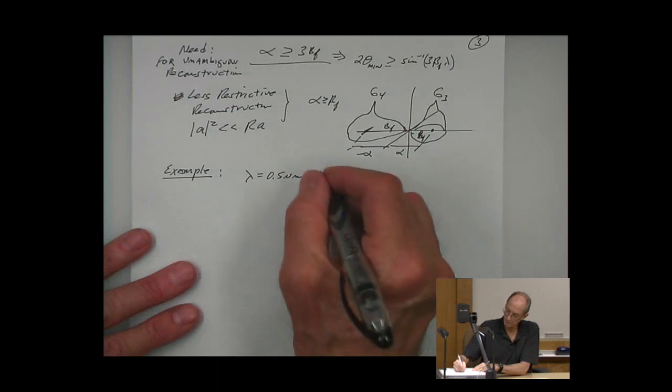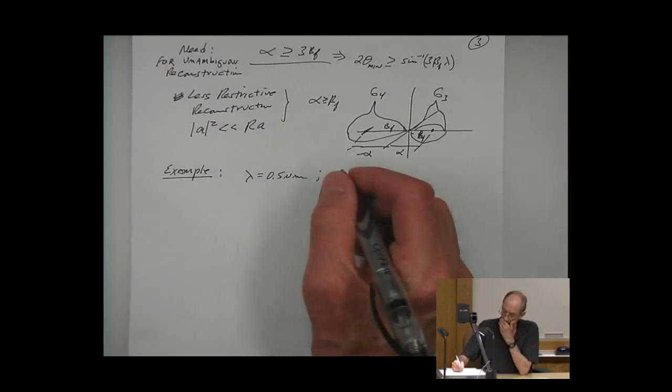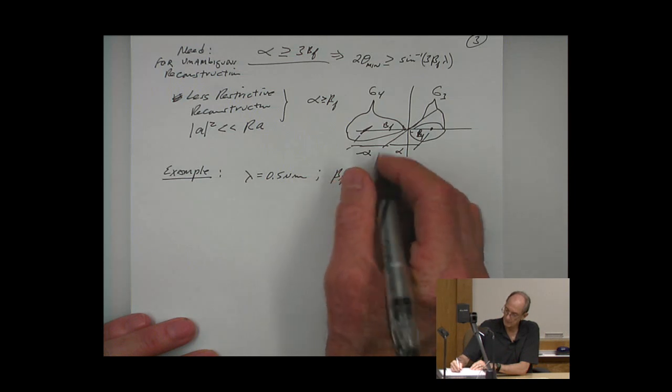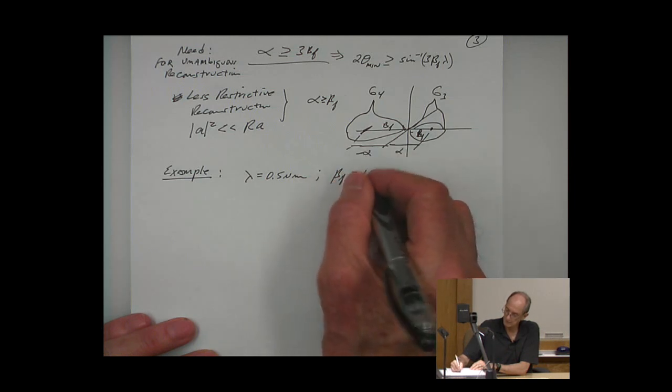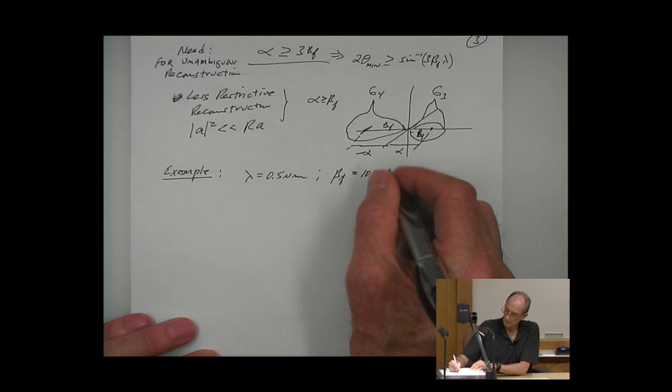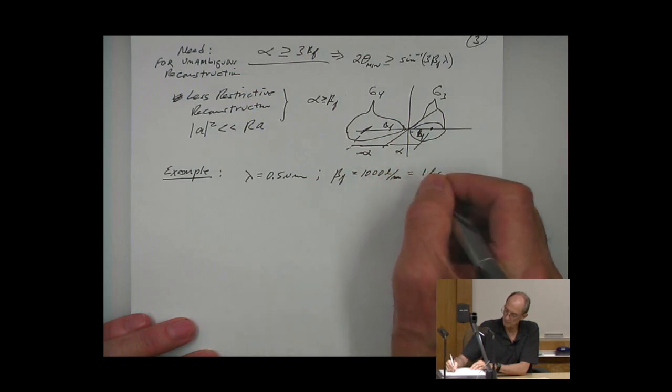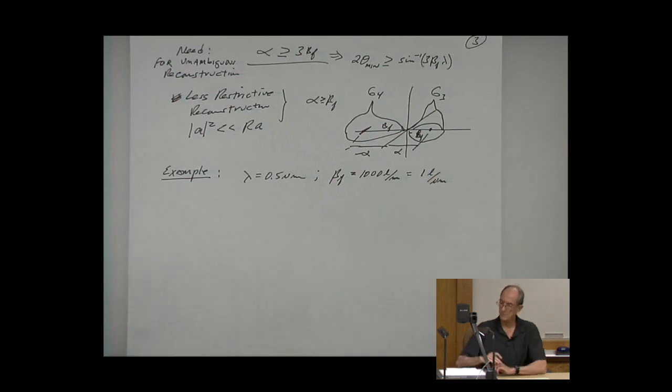And the bandwidth of the function that we have is 1,000 lines per millimeter, which is also 1 line per micron. So we have a minimum feature of, say, 1 micron in that transparency for the object function.